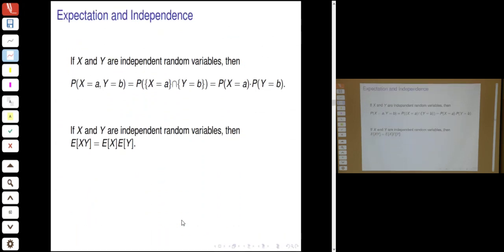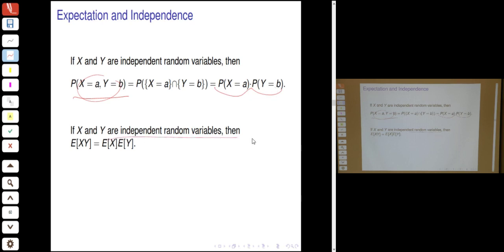So, here is a bit about expectation and independence. If x and y are independent random variables, then the probability of the joint occurrence of the event that x equal to a and y equal to b, that is, both x equal to a and y equal to b, is equal to the product of the probabilities of individually x being equal to a and y being equal to b.